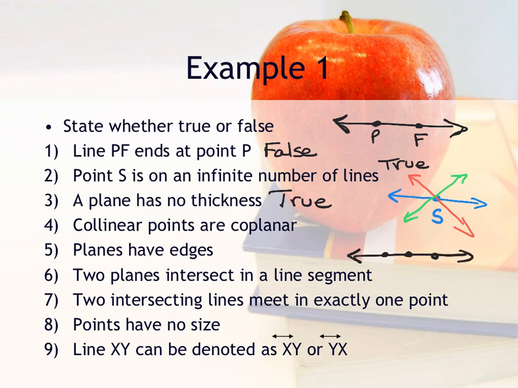I could also draw a plane around that line. So this would be true. Collinear points are always going to be coplanar. Planes have edges. Does the plane stop? False. Good, false.